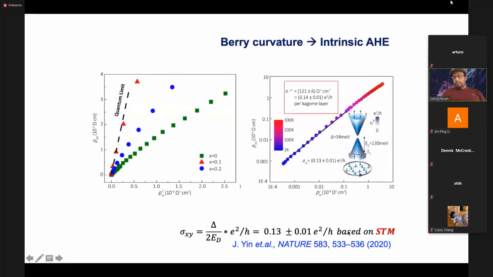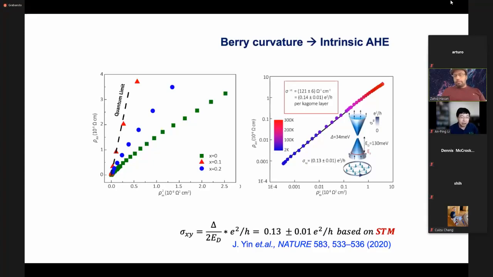This is enormous, somewhat unbelievable agreement between STM and transport. It doesn't always happen, but this is quite remarkable. So now we know, this is what I was saying, that you can observe in some sample some quantum anomalous Hall effect, but you don't know the microscopics.